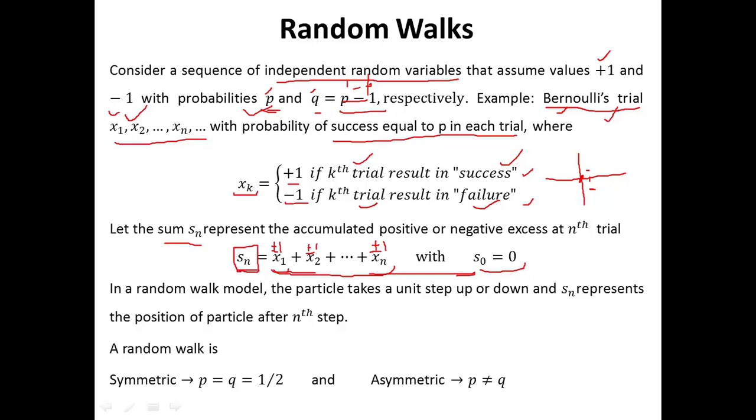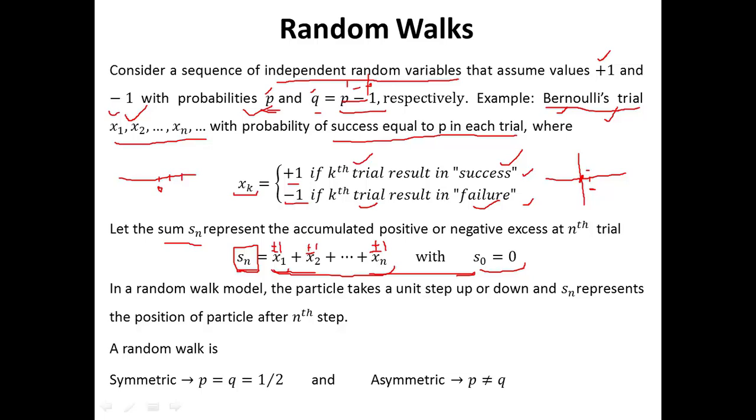So if a particle is allowed to move with +1 or -1, let us say initially it is at point 0. If first trial results into success, it will move to +1. If second trial results into success, it will move further with +1, that is at +2.